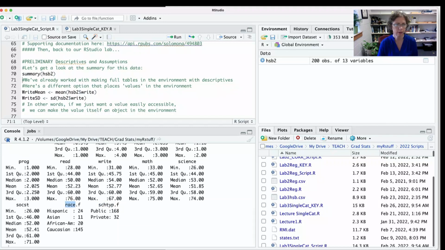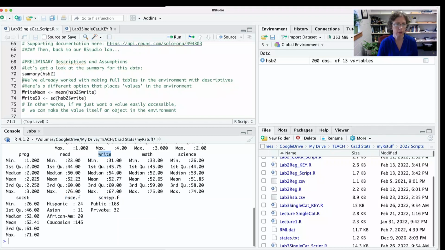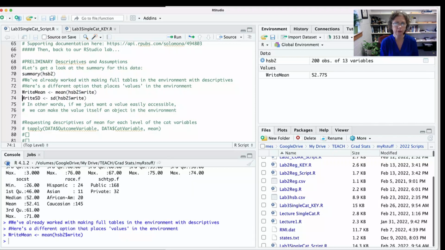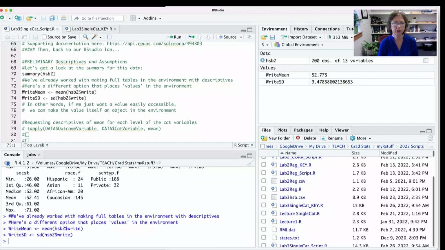I also have the mean and median of the writing proficiency outcome that we're going to be looking at. And I wanted to show you a different way that you can also get some information and put it into the environment. If you already know you're going to want the writing mean and the writing standard deviation, you can go ahead and run it over there, and then they're handy instead of having to go back and forth to a table.